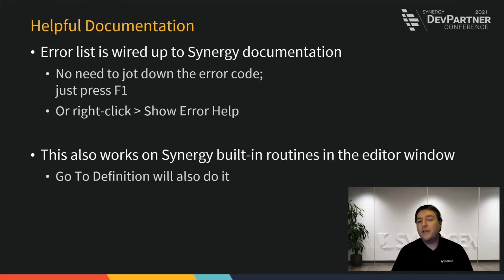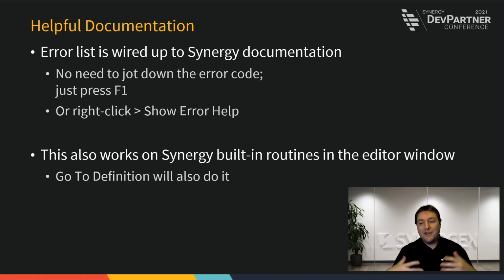While we're on the topic of errors and warnings, we added a feature several versions back to make it much easier to track down the documentation for a given compiler warning or error. When you run into an error or warning in your code that you are unfamiliar with, there's no need to jot down the error code, go open the manual, and try to figure out where the errors section is.